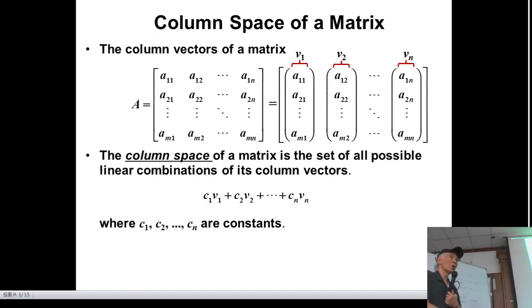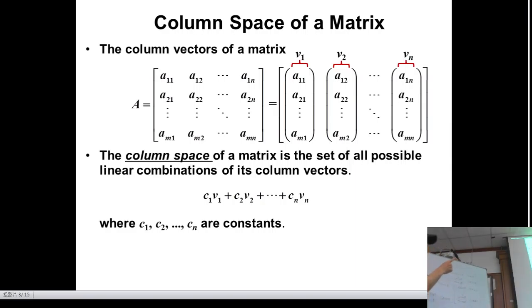You give all possible values of the constants c1, c2 to cn, from 0 to infinity. Any value can be negative, can be positive, can be real values; here we talk about all real values. All right, if like that, then we create a space we call the column space.